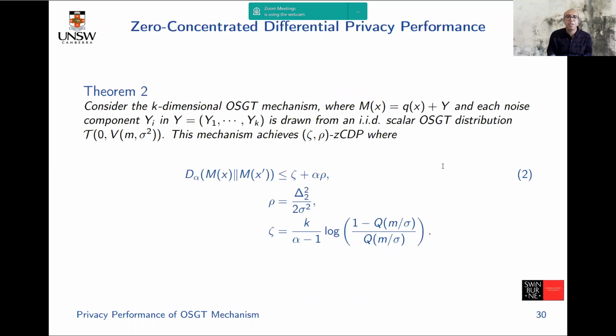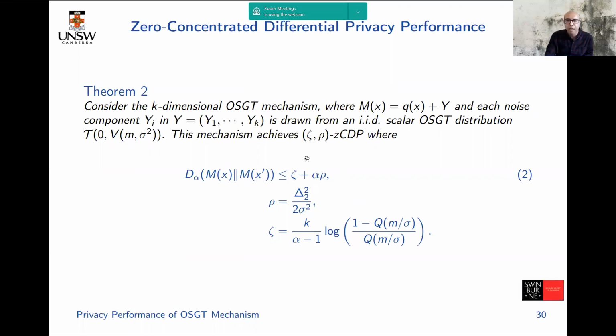What about the zero-concentrated differential privacy for OSGT? For OSGT, we can achieve zCDP with the parameters rho and zeta, and we can gain some insight into the performance of OSGT as well.